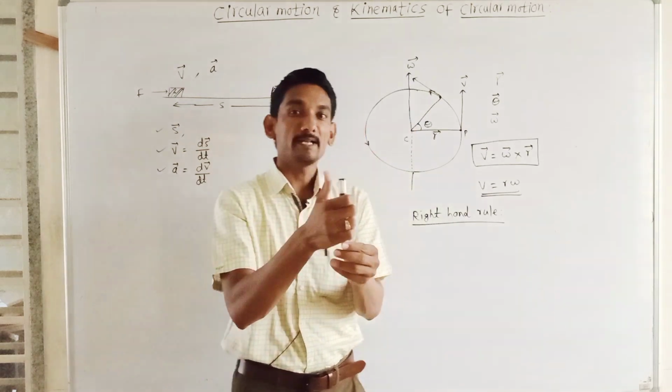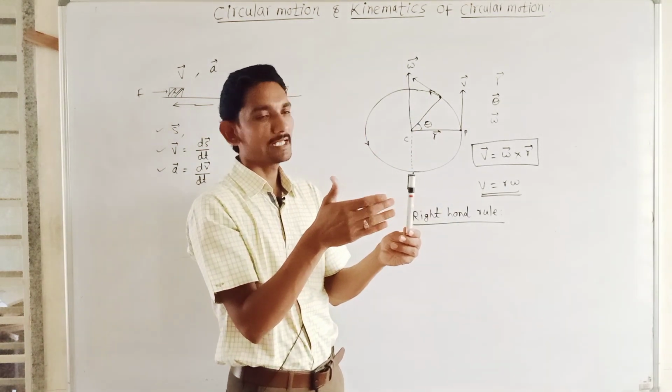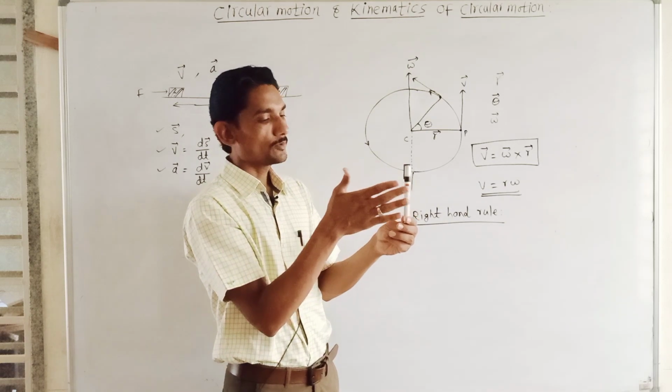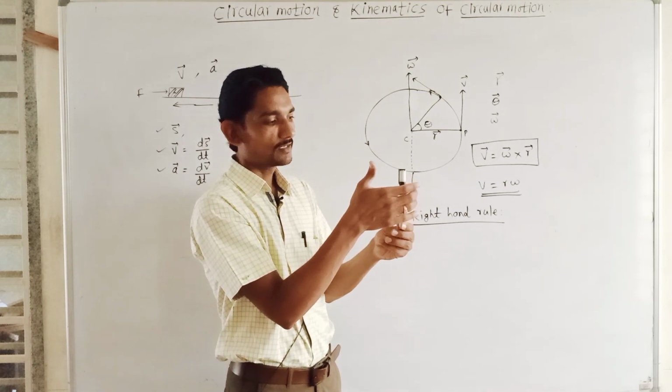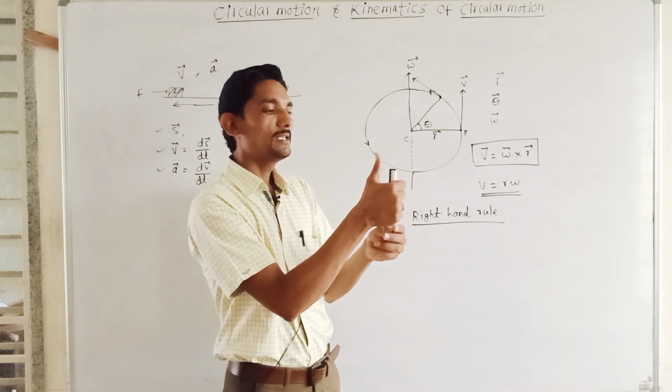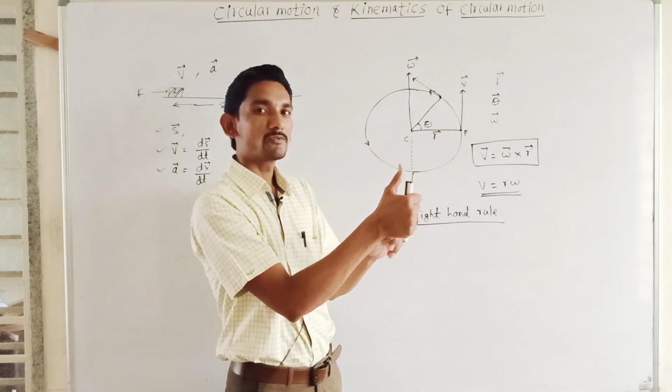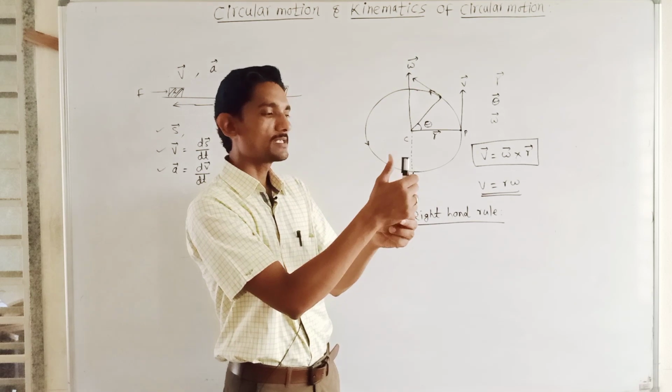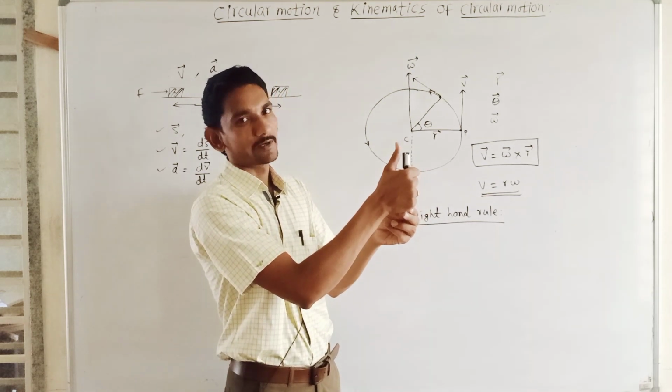If the particle is performing circular motion in an anti-clockwise direction, these curled fingers give the direction of motion of the particle, and the outstretched thumb gives the direction of angular velocity. Now it is along the axis and in the upward direction.